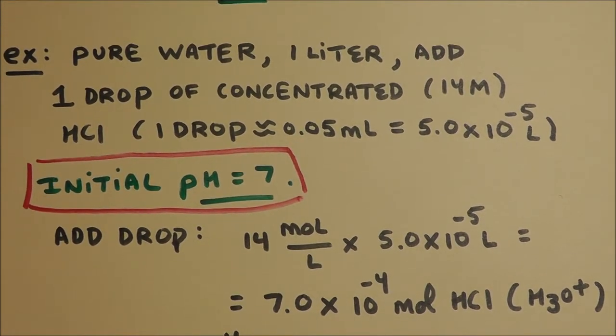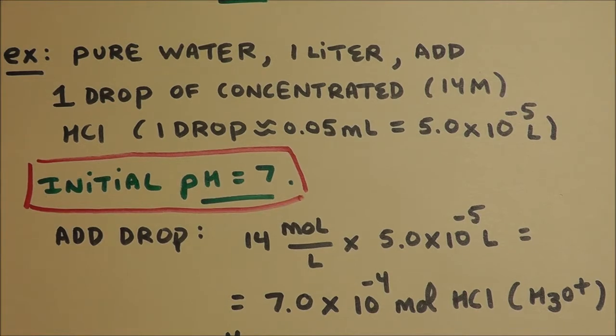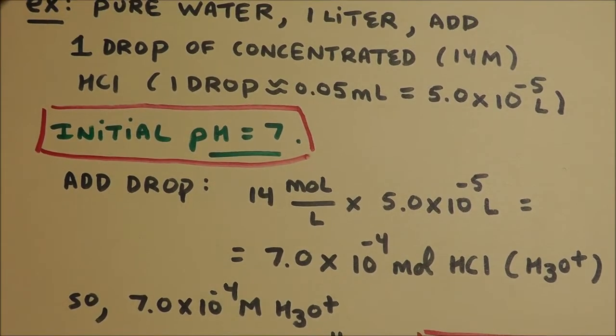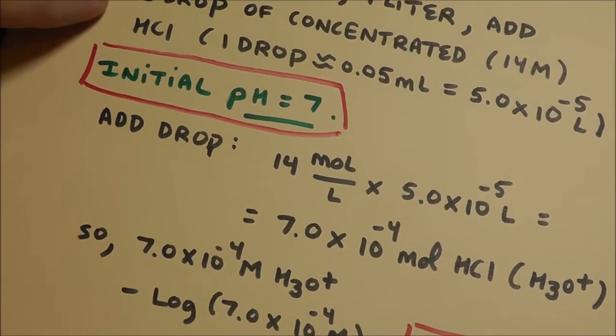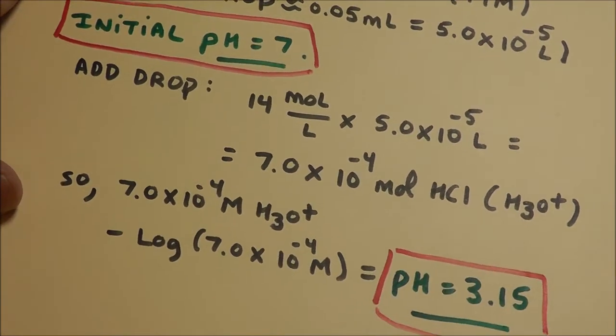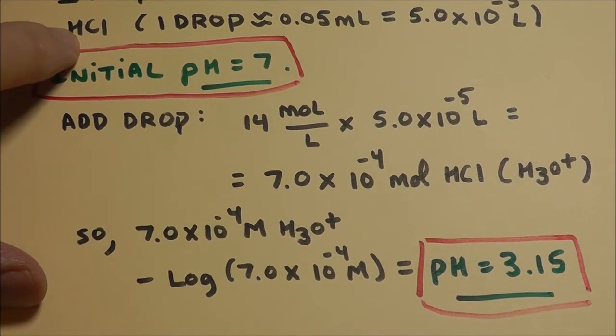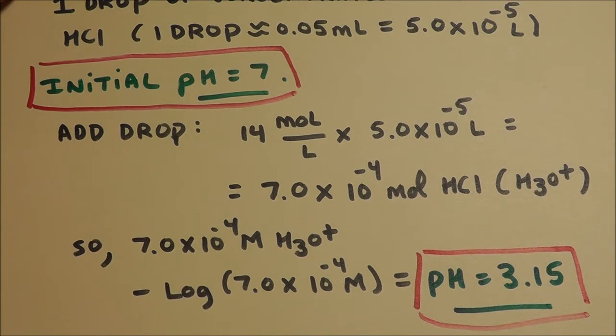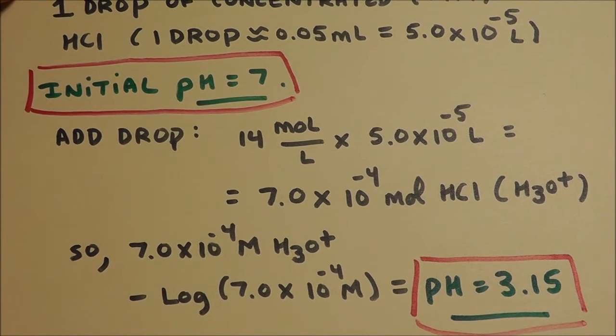And you might say, well, that's not very much, but let's go ahead and take a negative log of it. So we take that number of moles of H3O plus, take a negative log. I'm trying to keep the punchline out of it. And that's a pH of 3.15. One drop of concentrated HCl knocked the pH down 4 points.